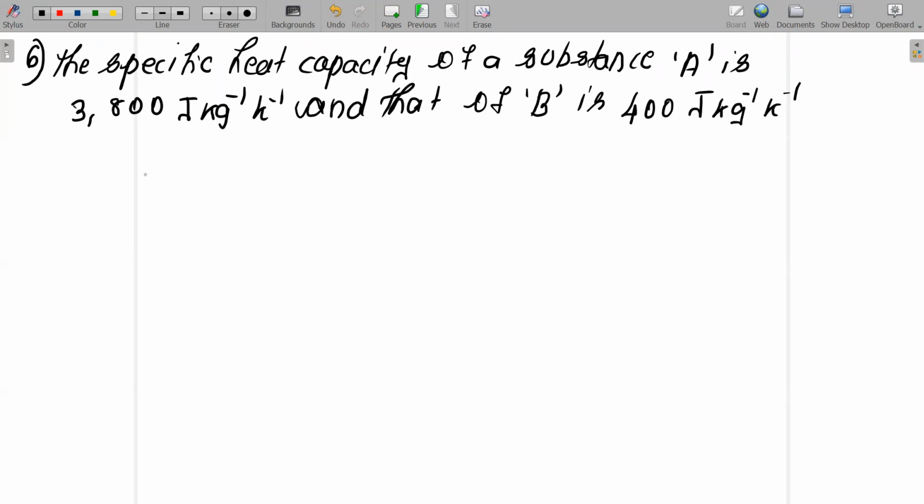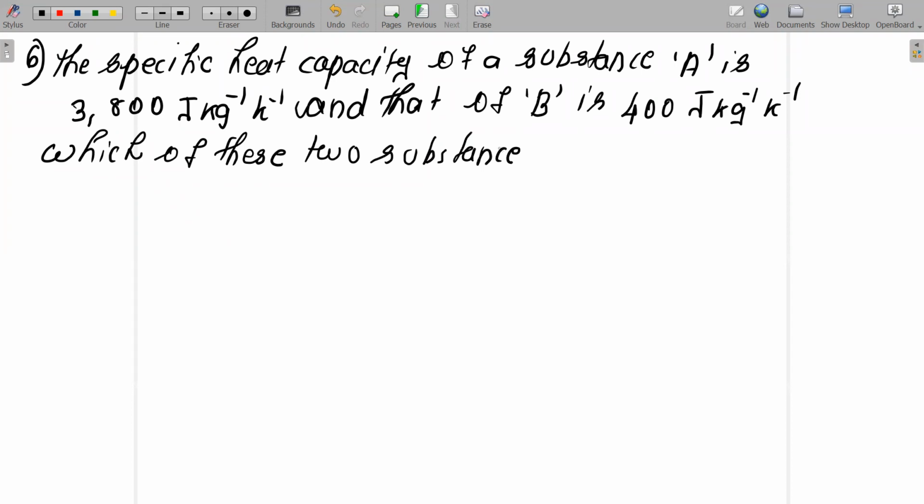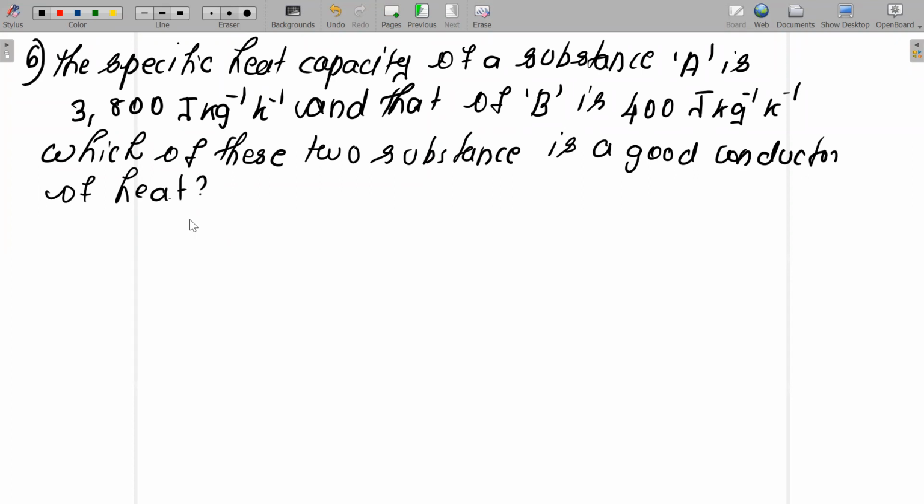Which of the two substances is a good conductor of heat? Shulan, I taught you one relation between them, right? What is the relation?